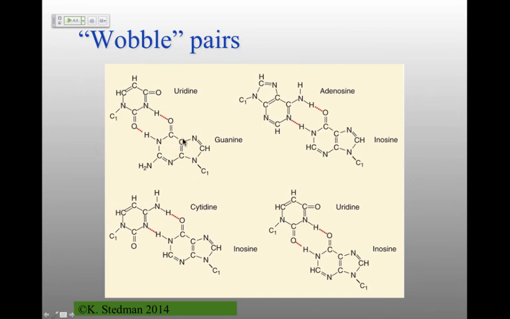In fact, this is almost an identical copy of the picture from that 1966 paper by Francis Crick, where you have GU base pairs, CI base pairs, UI base pairs, etc. And so inosine, which is in fact a modified adenosine, can base pair to almost all of the other potential nucleotides that you can have on your messenger RNA.